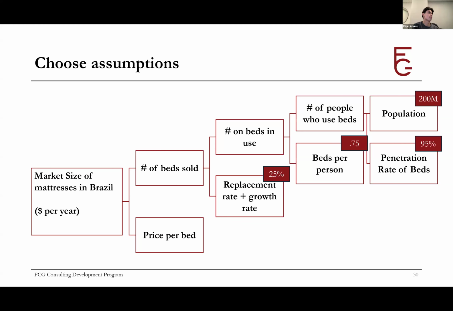Ava, what did you get for price per bed? Honestly, I was kind of torn about how to go about this because the range is massive. A king size bed can range from 600 to 7,000, 8,000. They can get really expensive.